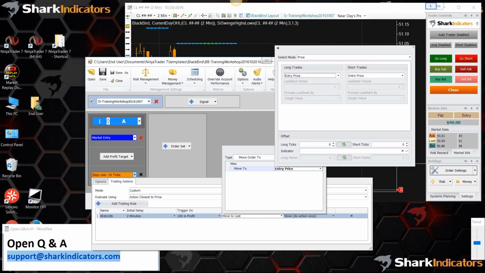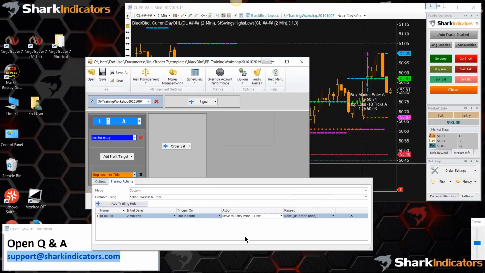A lot of people like to do break even plus 1 tick, which I don't blame them. If we're going to move our stop loss to break even, we might as well try to capture at least a tick to pay for the trade. So let's rename this BE plus 1, for break even plus 1 tick.